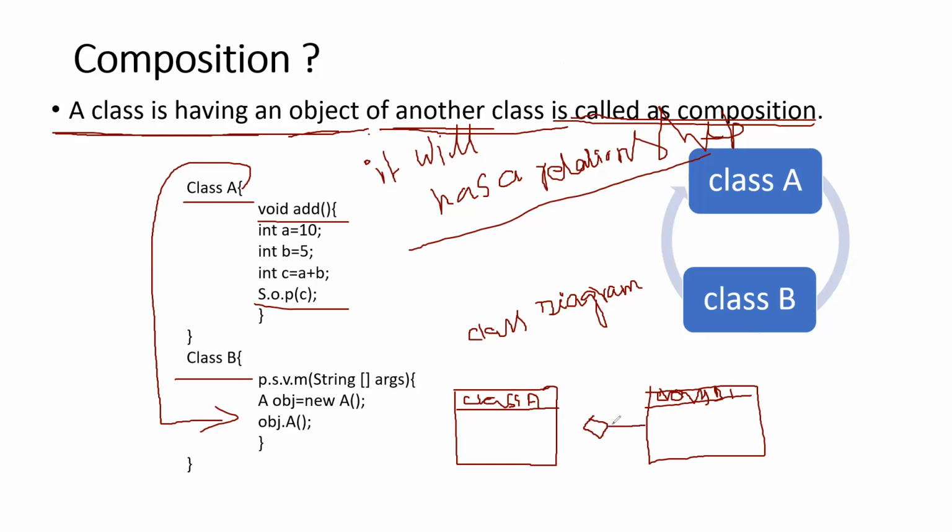This is the diamond shape, and it will represent the has-a relationship.